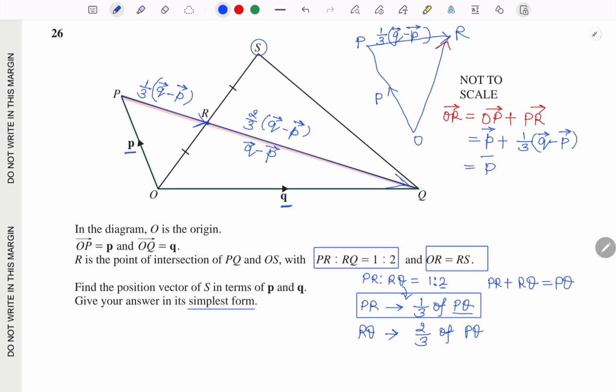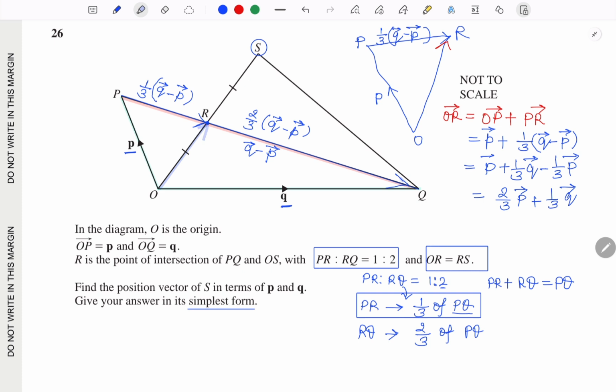This can be written as P vector plus 1 by 3 Q vector minus 1 by 3 P vector, and if we subtract, we will get 2 by 3 P vector plus 1 by 3 Q vector. So this is the value of vector OR.